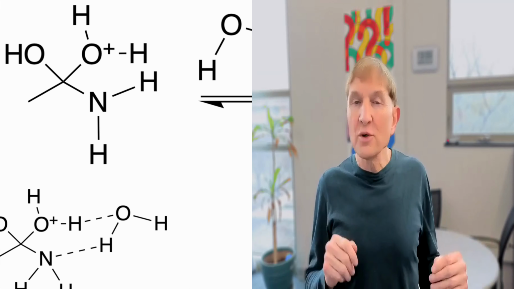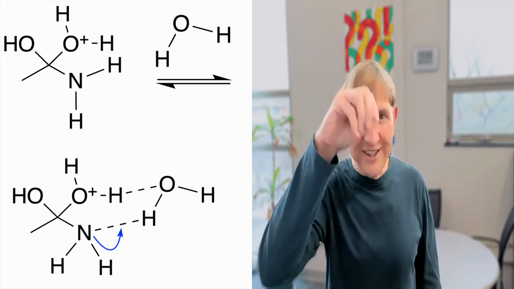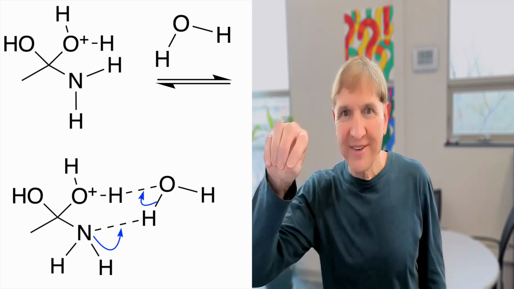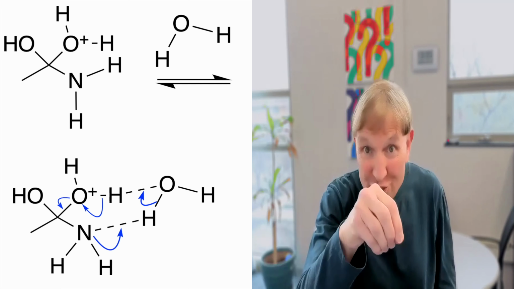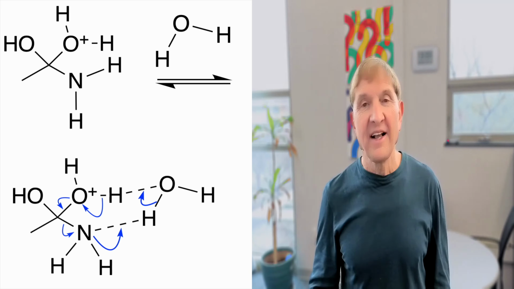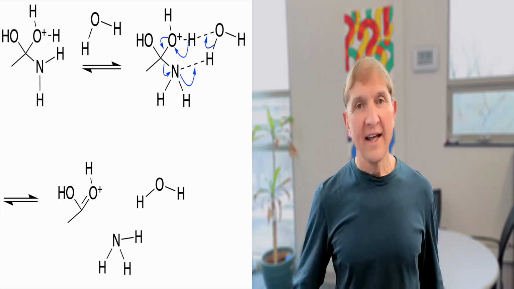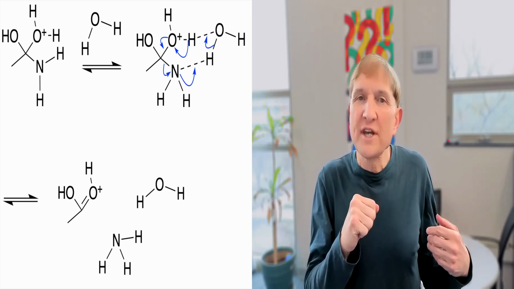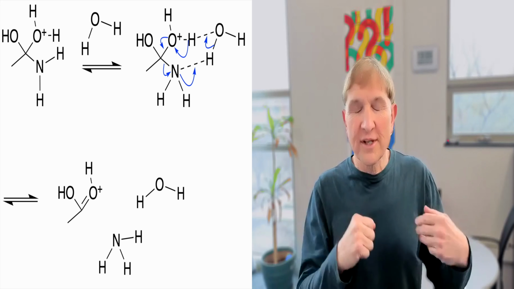So the electrons can push around from the most basic site, that's where you put your pen, on the nitrogen, push, push, push, push, push to break the bond. So water and ammonia is liberated. And if we keep everything in the same orientation, we get this protonated carboxylic acid.